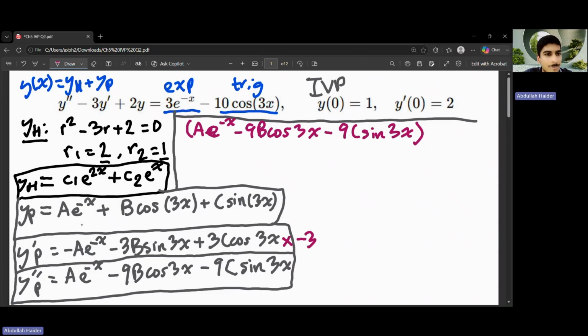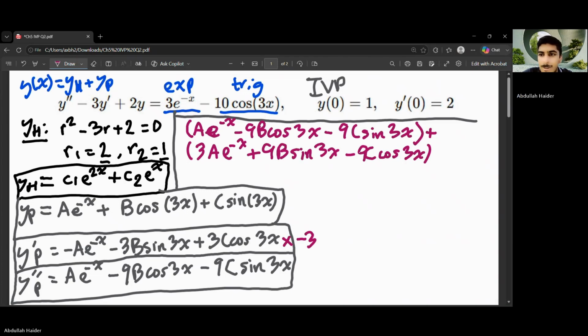So you have minus 3y prime. You multiply y prime p by negative 3, so you get plus 3a e^(-x) plus 9b sin 3x minus 9c cos 3x. This is your minus 3y prime.